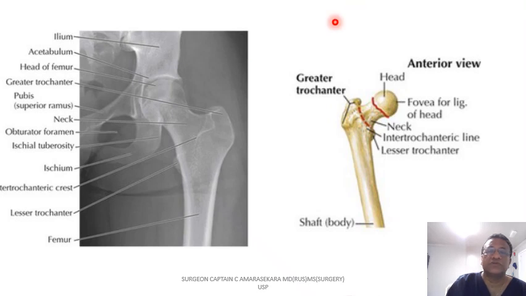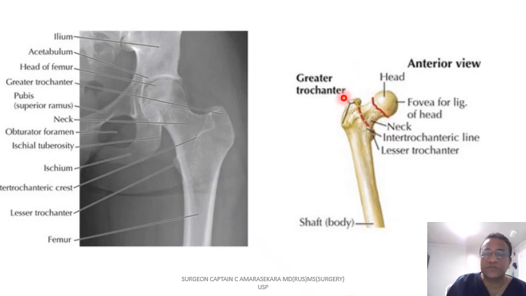So moving outward, we see the greater trochanter. This is your greater trochanter, this is your lesser trochanter, and this is your intertrochanteric line. This is the transition area from the neck to the shaft. This is your crest.